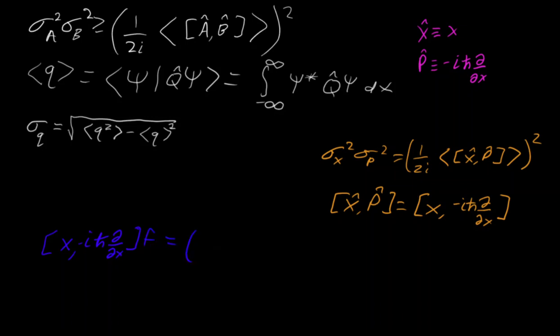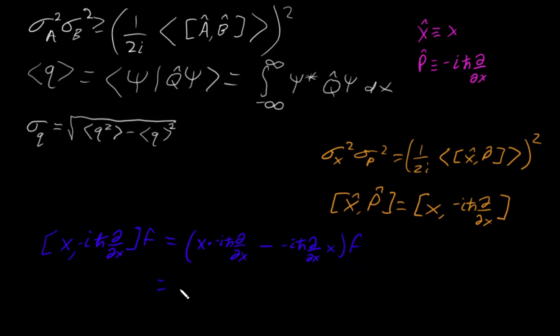And this is, just by the definition of a commutator, x times negative i h bar d by dx, minus negative i h bar d by dx times x acting on f. But this f is over here.